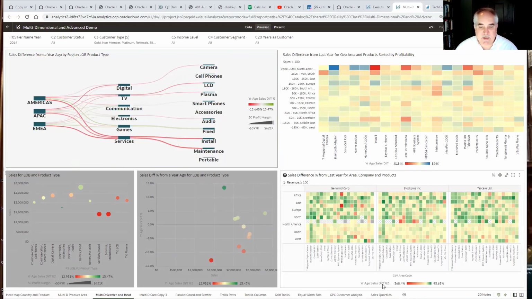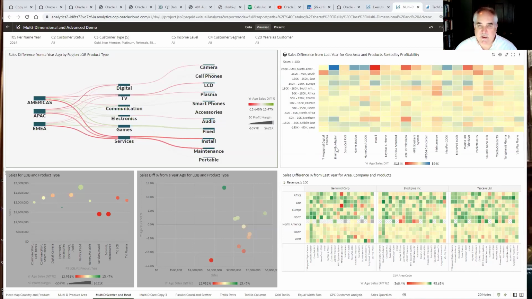So again, this is looking at that same year ago sales difference, but now we're breaking it out by company, by region, by product, who's up, who's down, and we can start to visually interrogate this and get a sense of it.